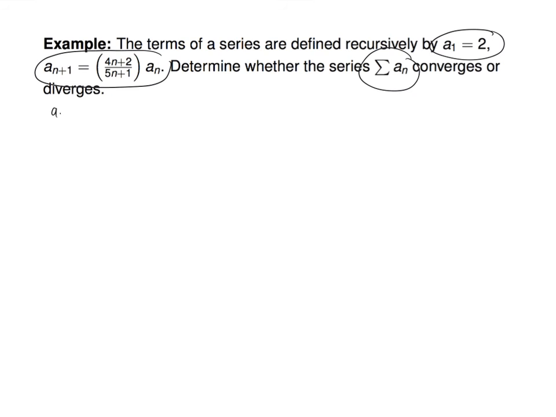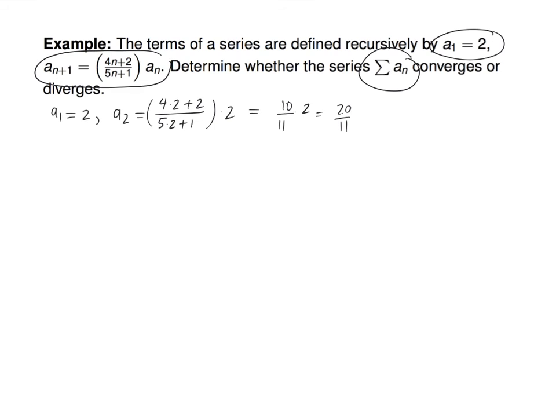So for example, a_1 is equal to 2, a_2 is equal to (4·2+2)/(5·2+1) times 2, which is 10/11 times 2, or 20/11, right? And that's how you find a_3, by plugging in that number. It's going to get really gross really fast, right?